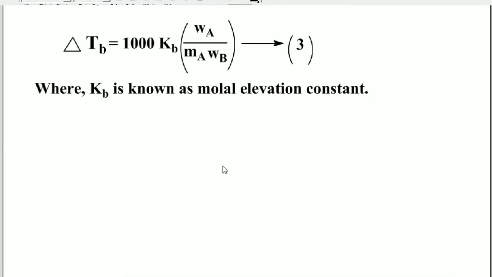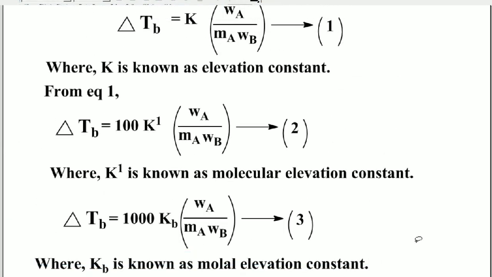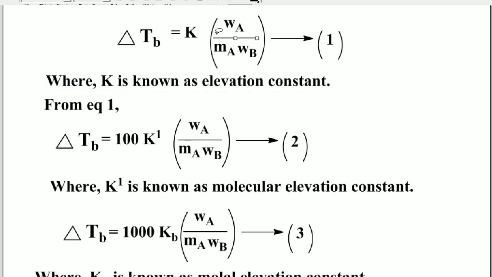So students, you should remember these three formulas to solve numerical problems based on the elevation in the boiling point. Delta Tb is equal to K into Wa by Ma into Wb. Similarly, delta Tb is equal to 100 into K dash into Wa by Ma into Wb.